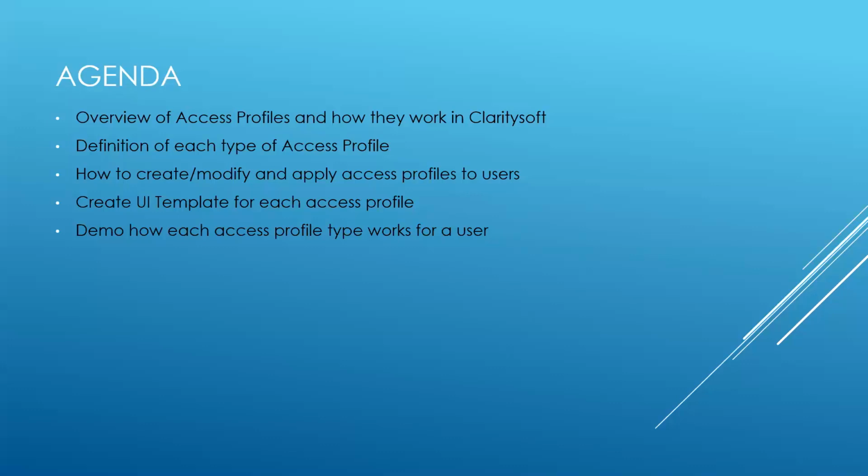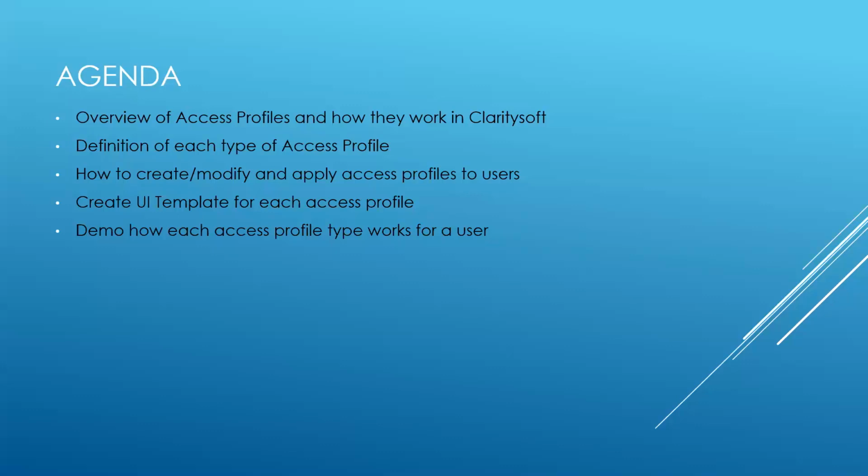So today we're going to walk through that process, first of all, of understanding what the different types of access profiles are and how they work. Then I will show you how to set them up with a user, and we'll be logging in and out of my demo database so you can see the results of the different access profiles.